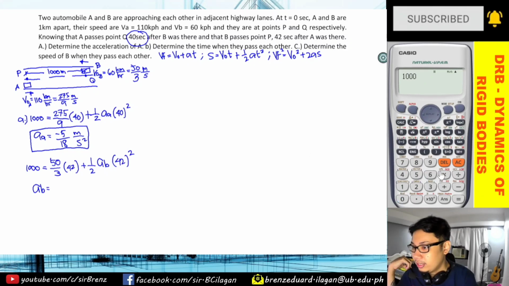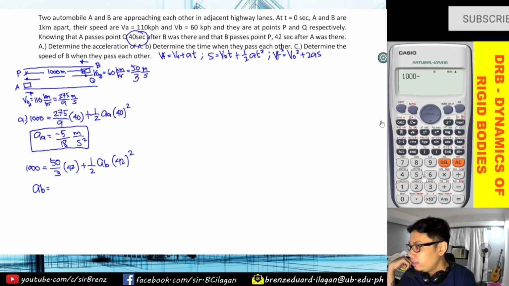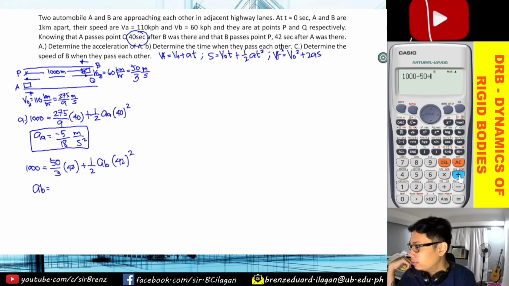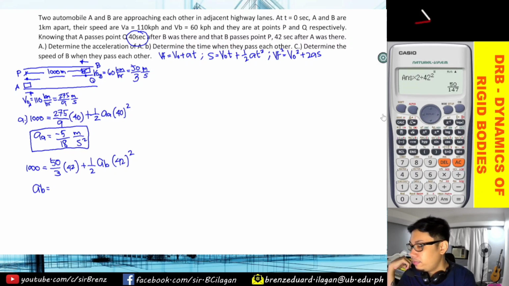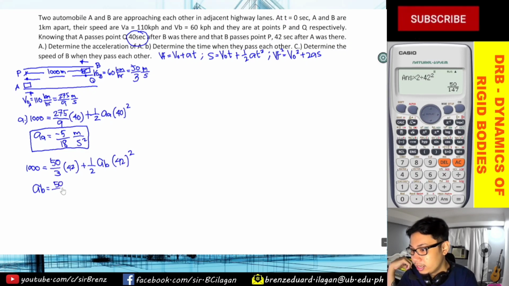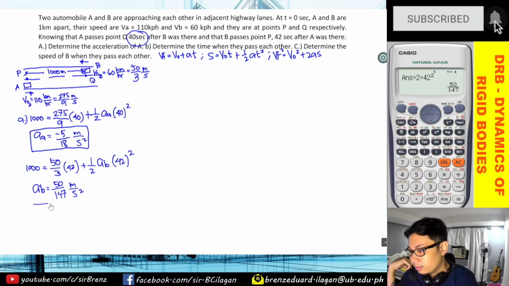So, 1,000 minus 50 divided by 3 times 42, and then times 2, then divided by 42 squared. So, that is 50 over 147. So, nag-accelerate nga siya. Okay.